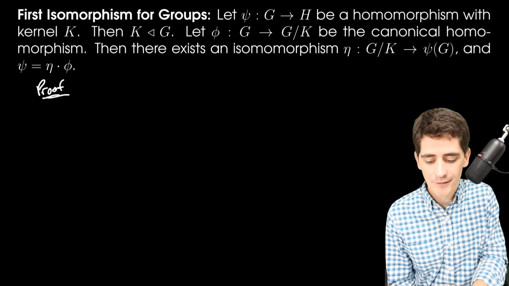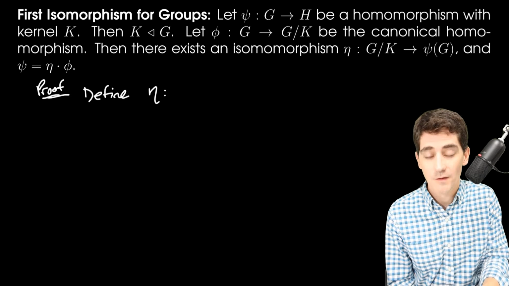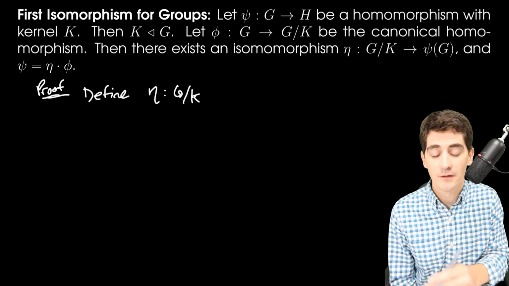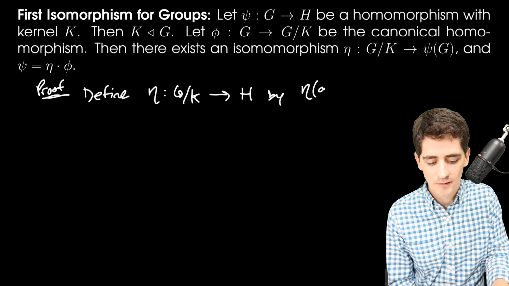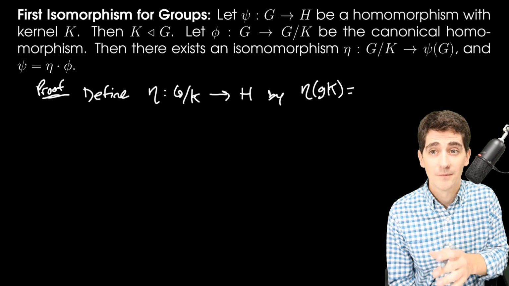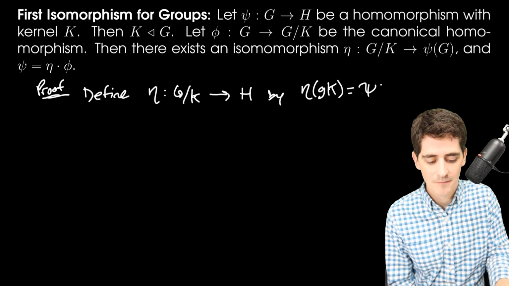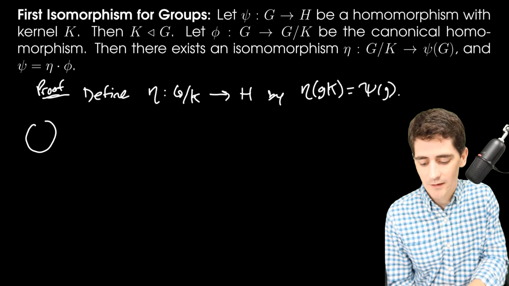First thing we're going to do is define what we mean by eta. Remember, eta is going from the factor group G over K over to H, and we're going to define that by: if I plug in the coset gK, I want to get whatever g was mapped to through psi. Now, it's easy to get this stuff turned around, so please keep in mind our picture here.